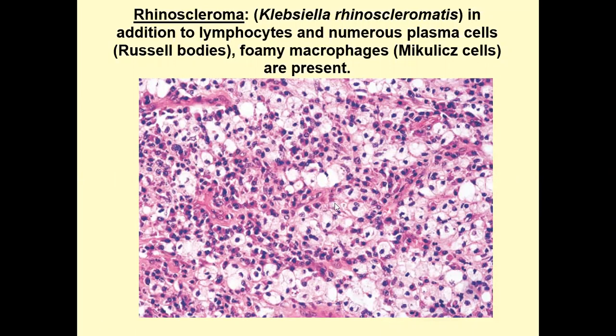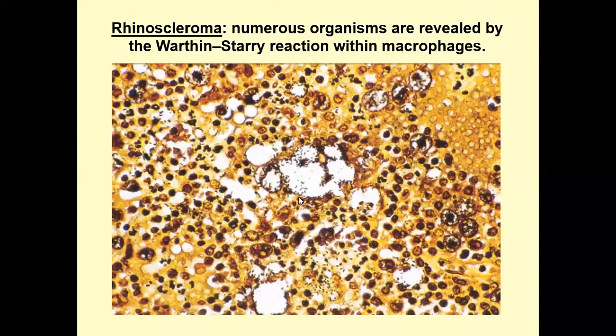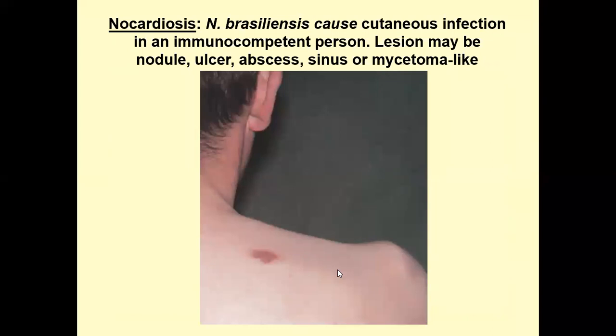These are the foamy histiocytes. Foamy histiocytes are also seen in lepromatous leprosy and in xanthoma. So we do Warthin-Starry again here. And somehow this bacteria also takes up the Warthin-Starry stain, and you can see these bacteria within the macrophages.